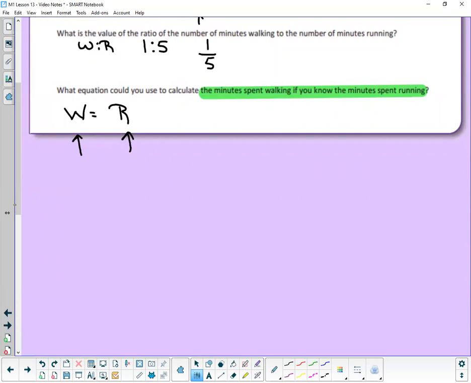Well, remember, here's the best way to write that: 1/5 R. And you're like, yeah, but I can't wrap my head around multiplying by the fraction. Can I just write division? Sure, I'll let you. The number of minutes running divided by 5. Oh, I hate fun with fractions.